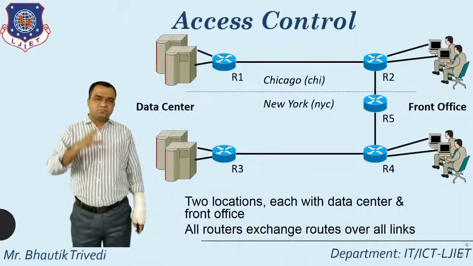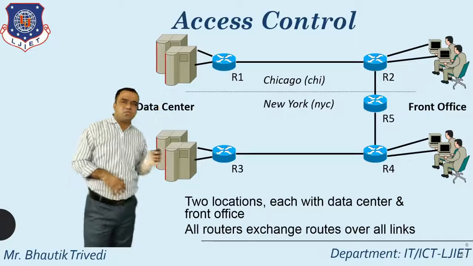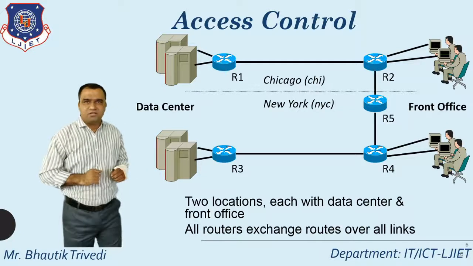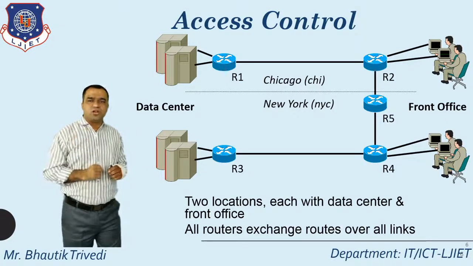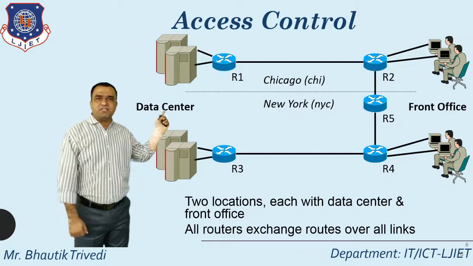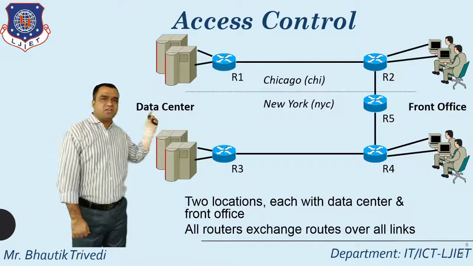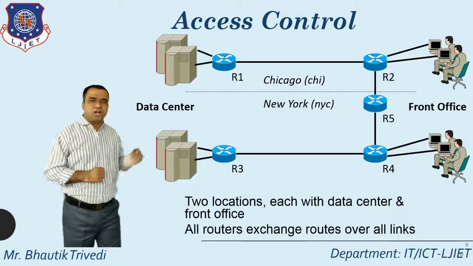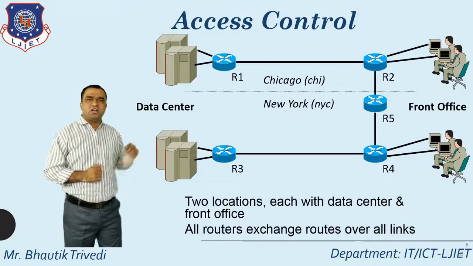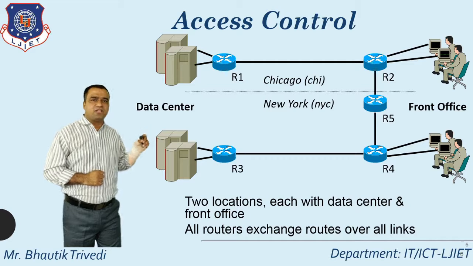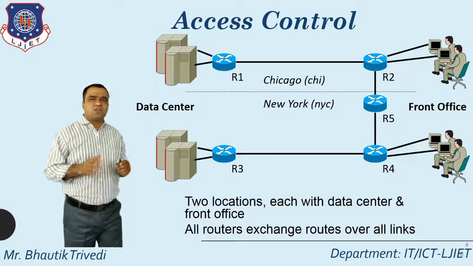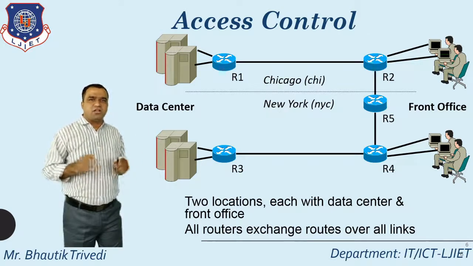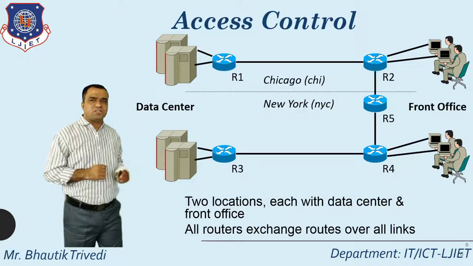After that, here you just see this particular figure. It's very simple, mainly two focusing points here. One is the data center. Second is the front office. In between, I directly put the different routers. How many routers here? R1, R2, R3, R4 and R5. So R1 to R5 are the routers.